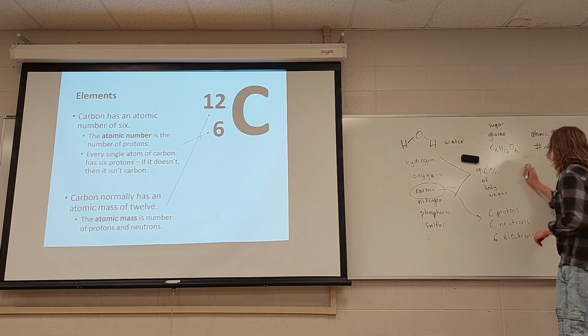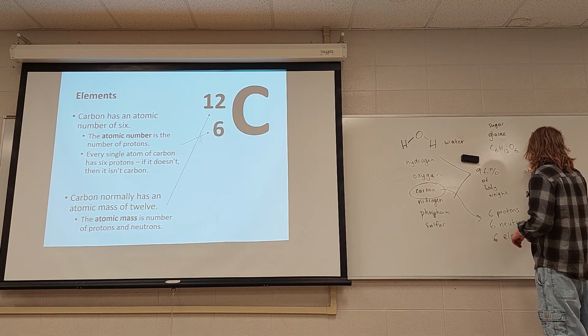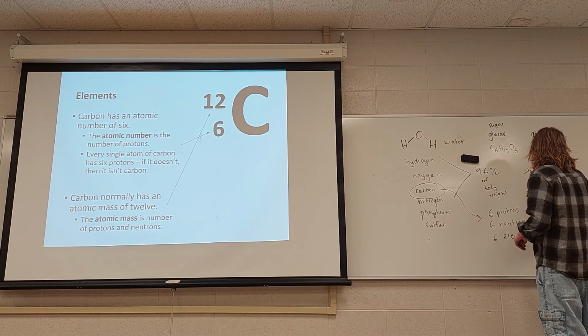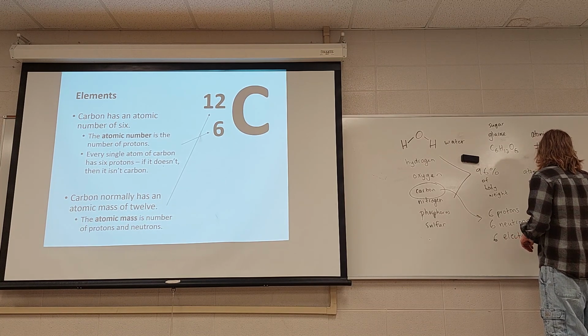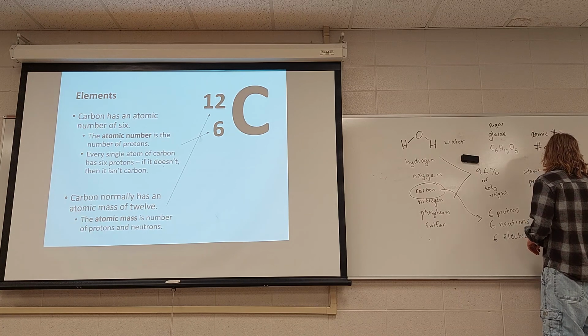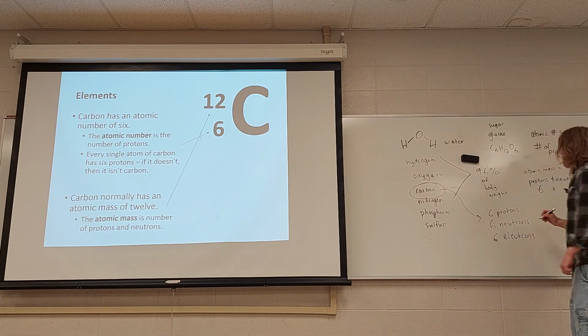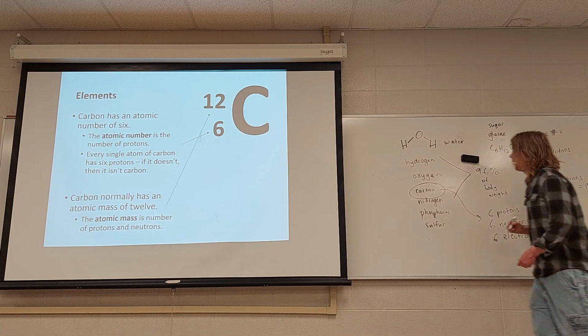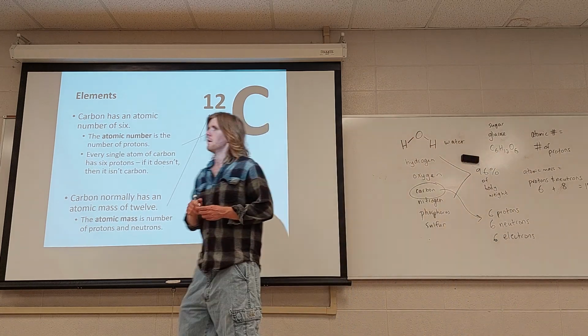Atomic mass, though, is protons and neutrons. And the number of protons is always going to be 6, but typically neutrons is also 6, right? So usually you'll get 12, but sometimes there'll be 7 or 8, and you can get an atomic mass of 14.